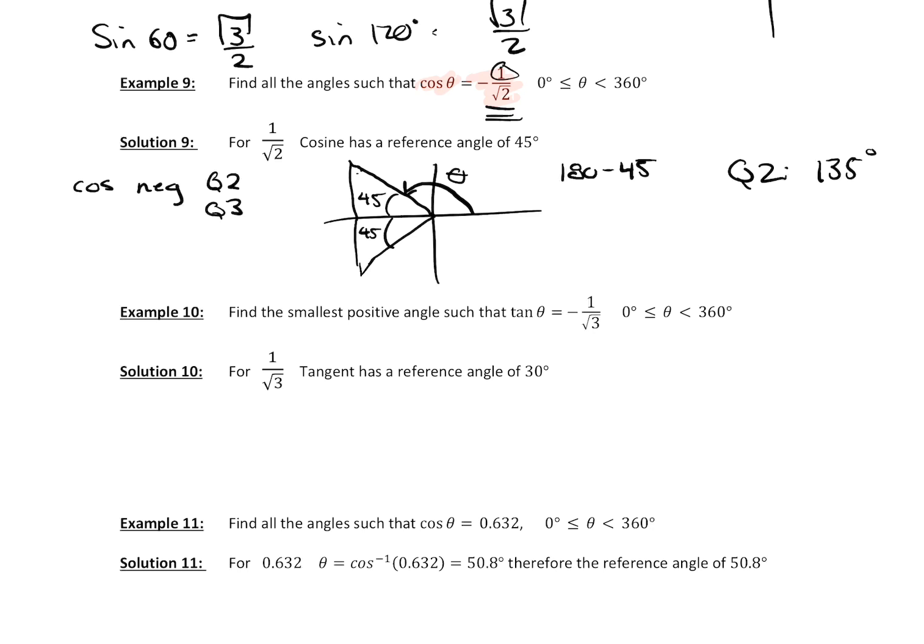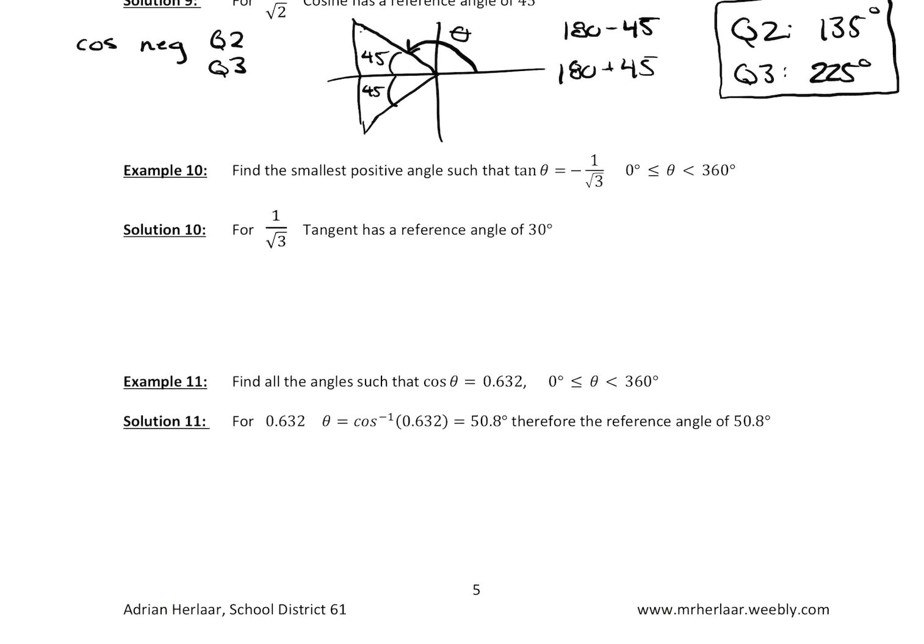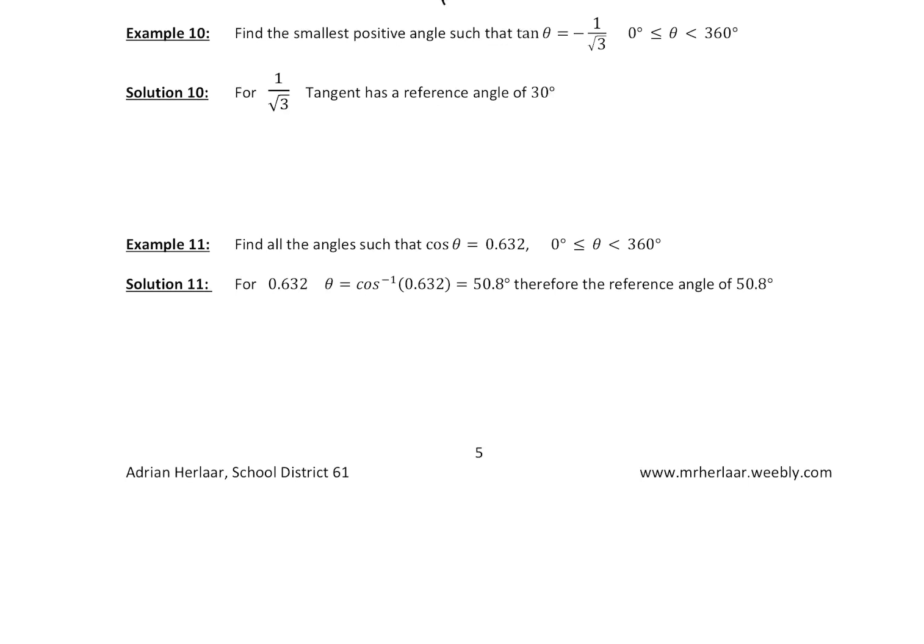And then the next one is 180 plus 45, so your Q3 answer is 225 degrees. Both of those, if you plug them into your calculator, would give you negative 1 divided by root 2. You identify the quadrant first. It's the best place to start. So a couple more here.